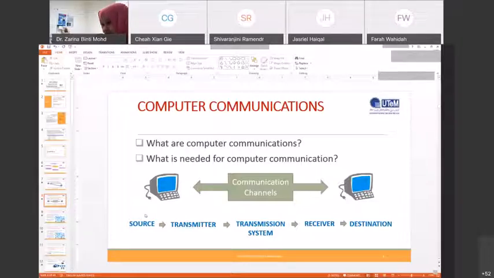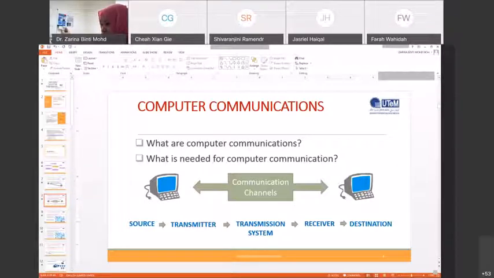The first one we need is a source. The second is a transmitter. The next is a transmission system. The fourth is a receiver, and the last is a destination. Each of these elements is a thing. In computer communications, the source and destination are computers.